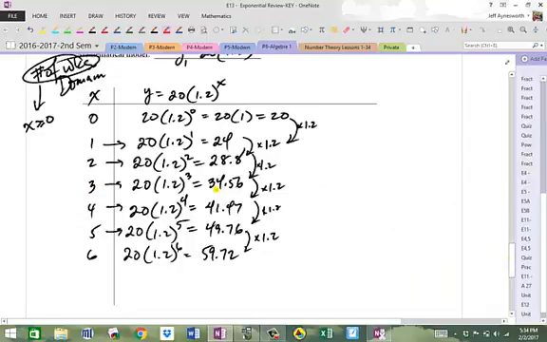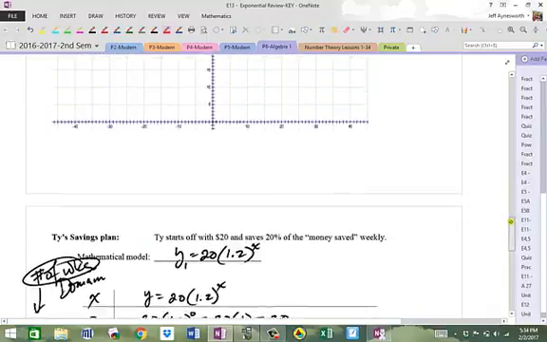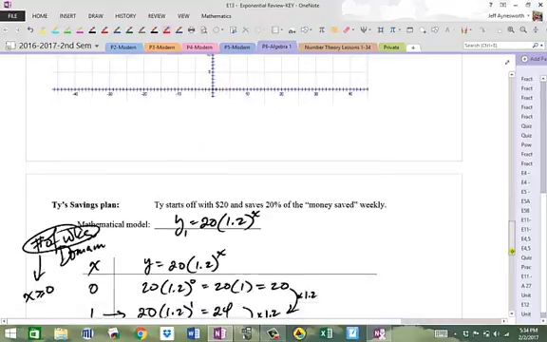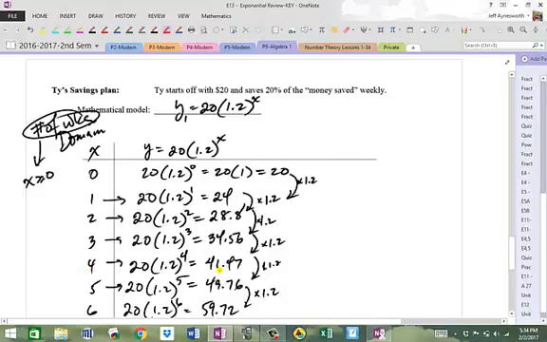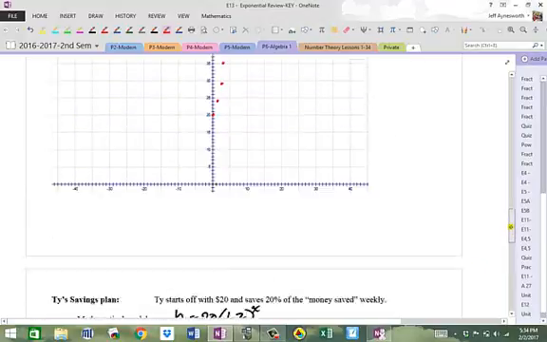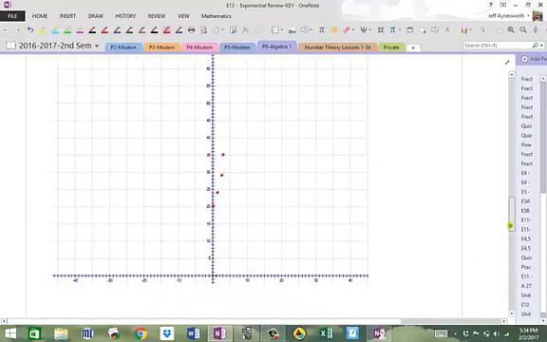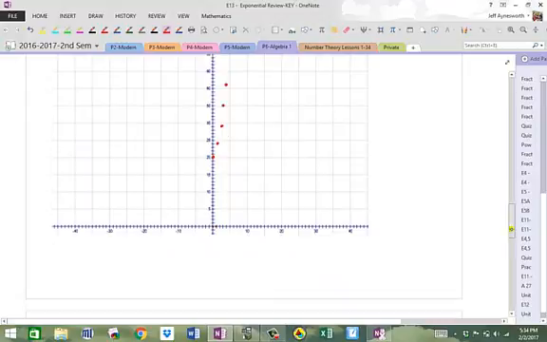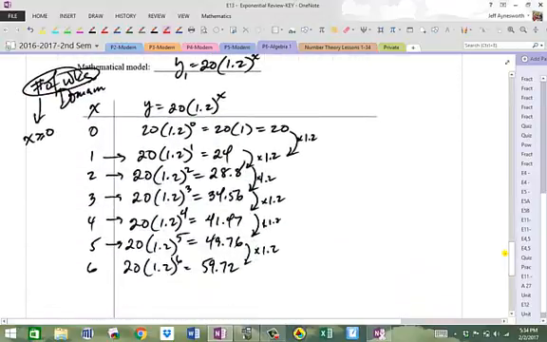Right 3 up 35 roughly. So right 3 up 35, right about here. And then right 4 up 41, let's say. So right 4 up 41. That's close enough. And then right 5 up 50.